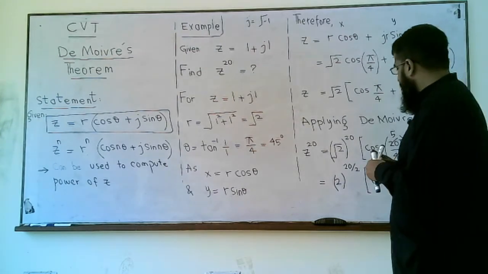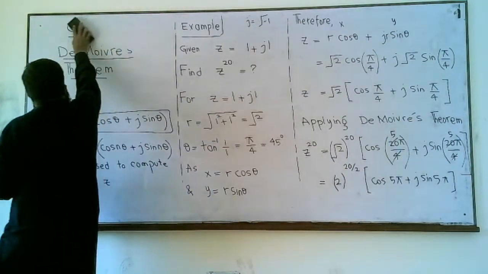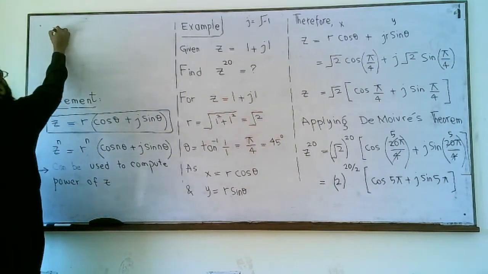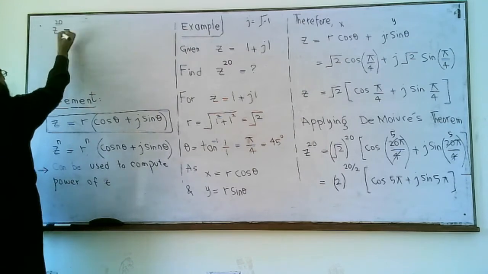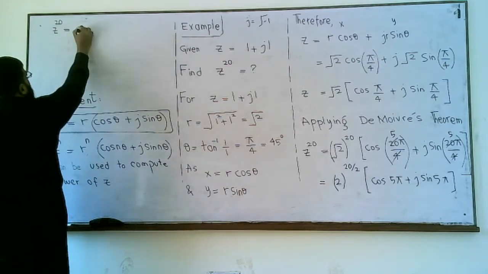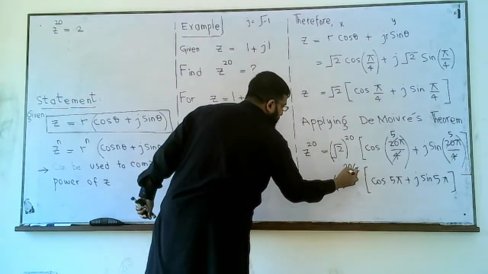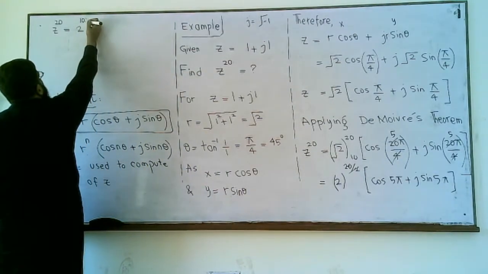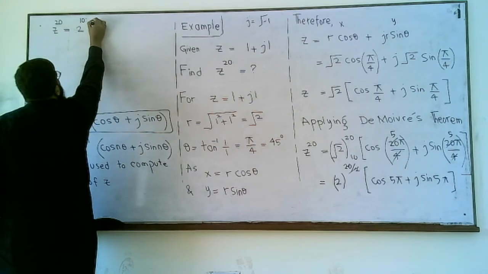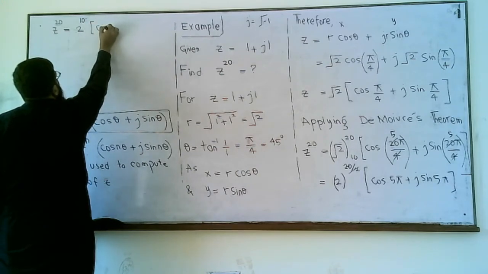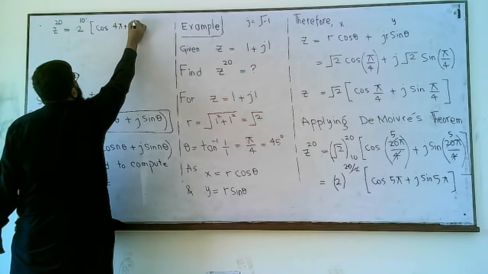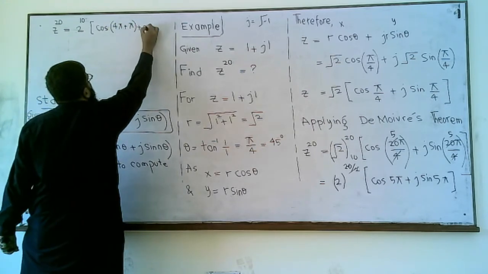So, this can also be written as z to the 20 is 2 to the 10, because 2 tens are 20, 2 raised to the power 10. Cos of 5 pi can be written as cos of 4 pi plus pi.